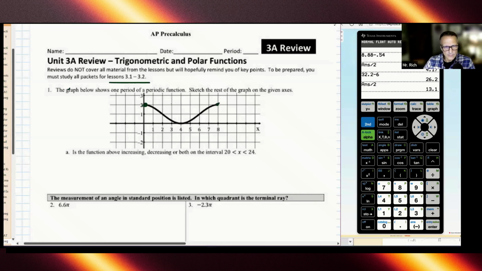Now, what I can tell is that from 0 to 4, the function is decreasing, and then from 4 to 8, it's increasing. They're asking what it's doing from 20 to 24.